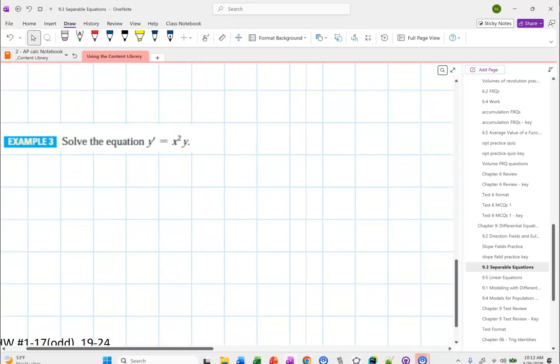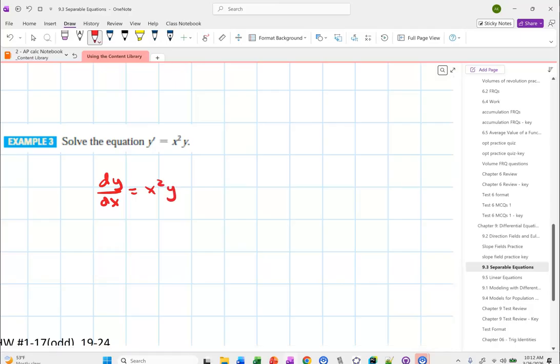Okay. Here it says y prime is equal to x squared y. So again, I like to think about everything in terms of dy/dx, so I'm just going to rewrite y prime as dy/dx. What am I going to need to do to separate this guy?